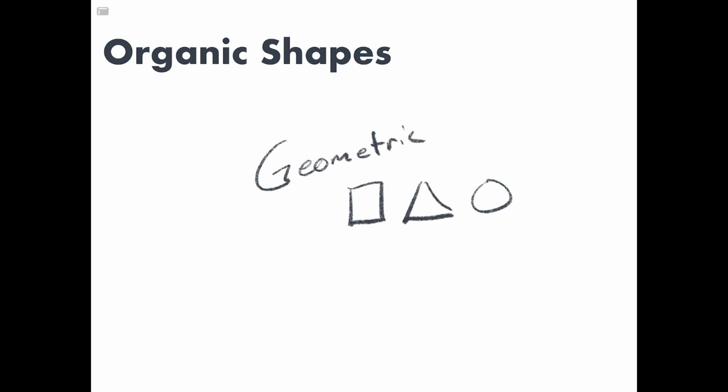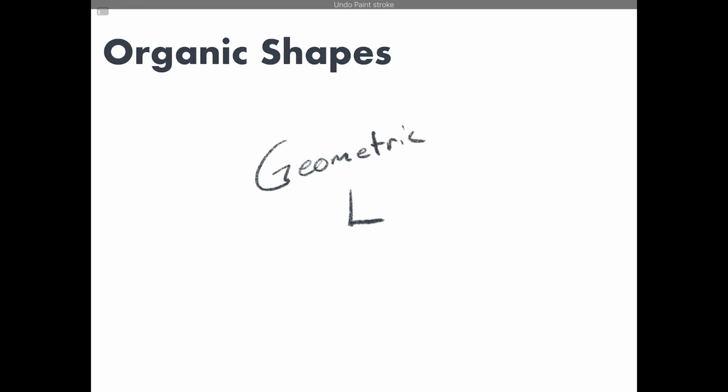The last project that my second graders did talked all about geometric shapes, things like squares, triangles, perfect circles, rectangles. But for today, I want to talk about organic shapes. When we say the word organic, it means a lot of different things.